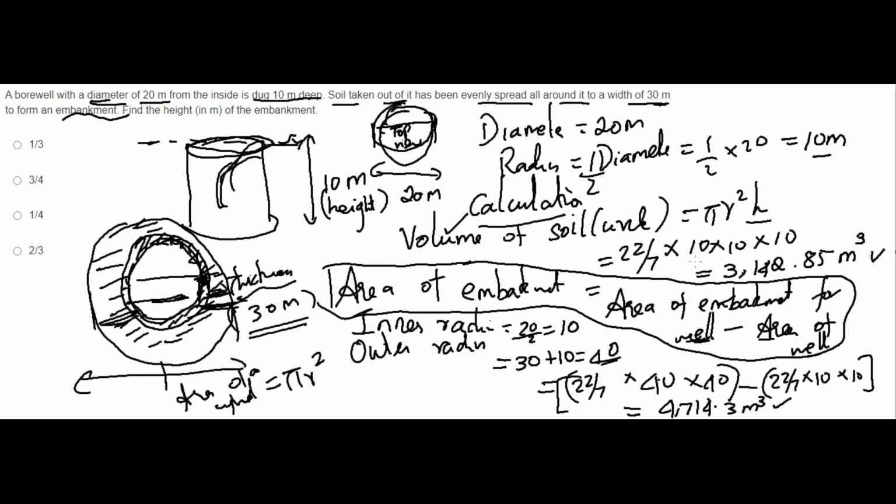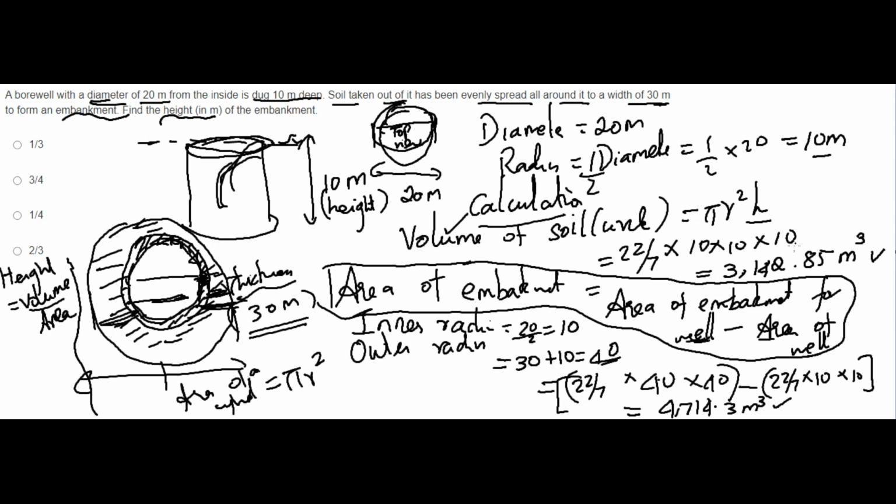The volume of soil is found. And the final calculation is you have to find the height. How do we find the height? Height is equal to volume divided by area.